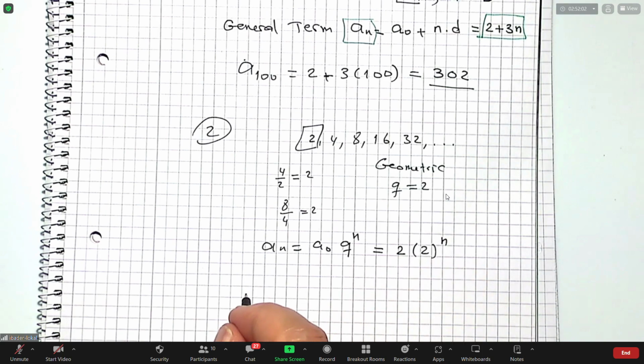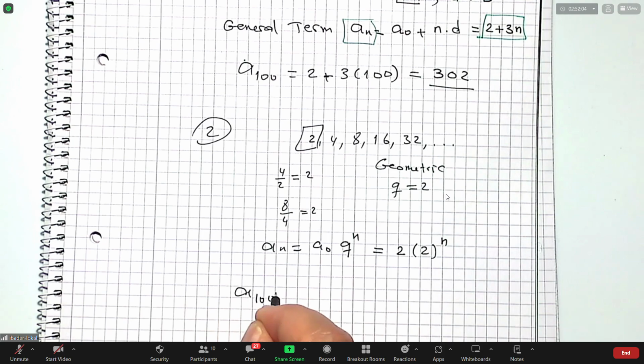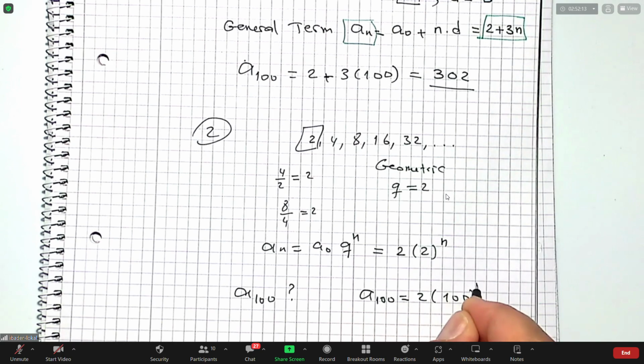This is equal to 2 times 2 to the power n. Again here, if I ask you A100, then it will be A100 equals 2 times 100 to the power n, right? No, 2 to the power 100. 2 to the power 100 here.